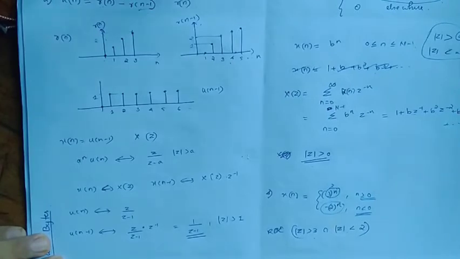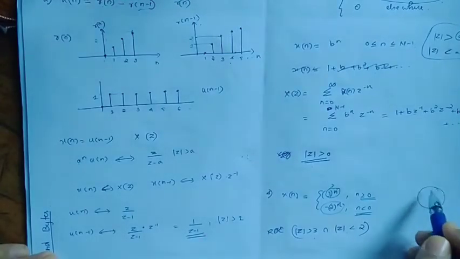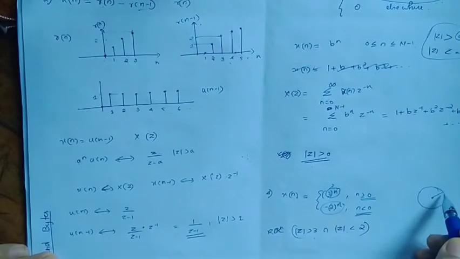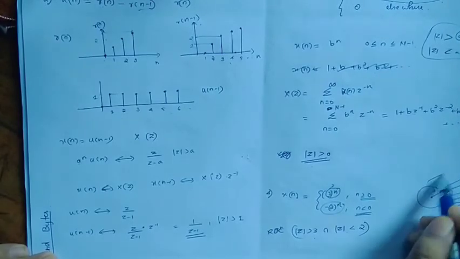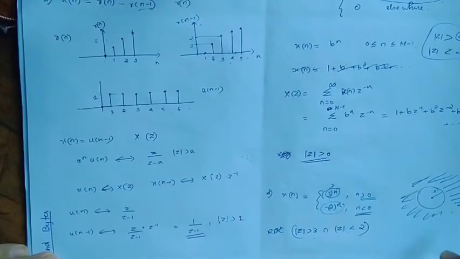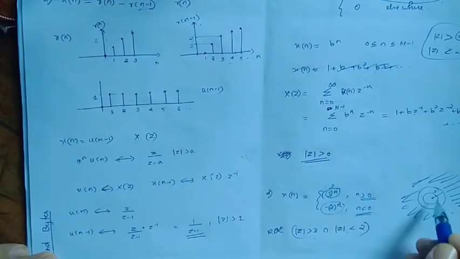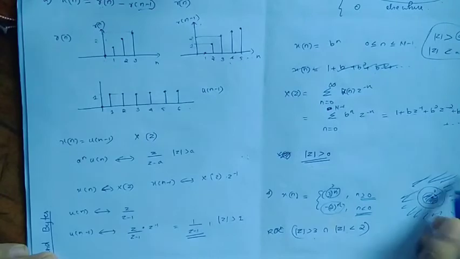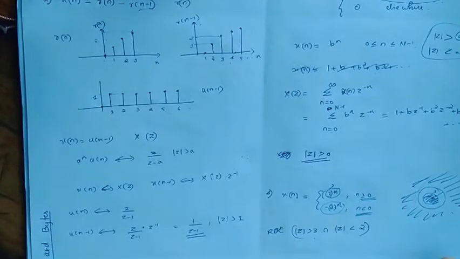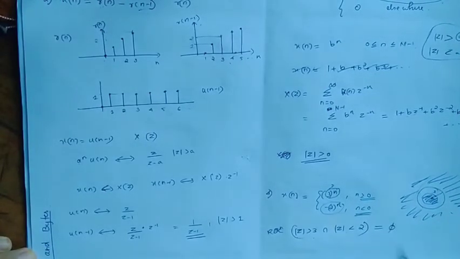Only if there is an intersecting point between these two ROCs will the Z transform exist. If z is greater than 3, this is a circle of radius 3, and the other ROC is less than 2. There is no common point between these two ROCs, so the set is null. That is, its Z transform is not defined.